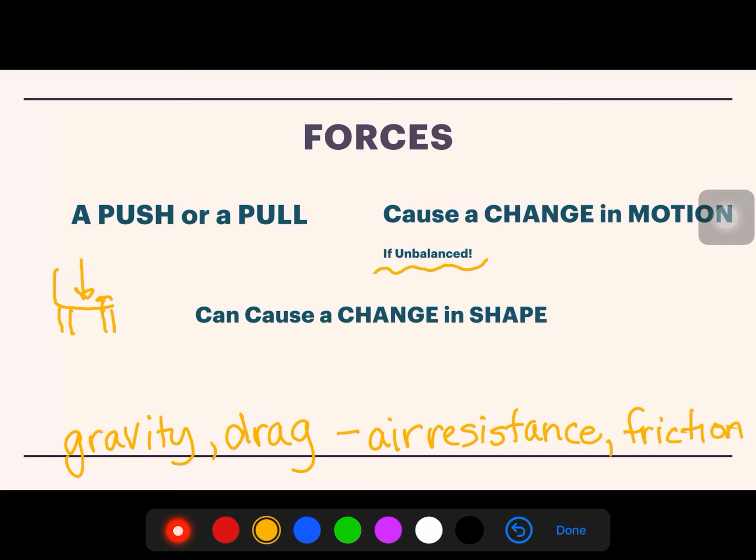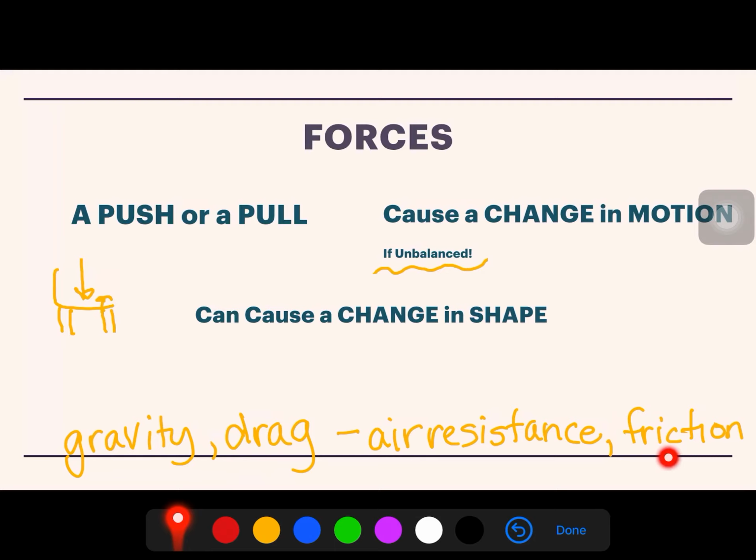All of these can cause a change in motion or shape. Friction, air resistance, drag and gravity definitely cause a change in motion. Those tend to slow something down, so there's your change in motion with those.